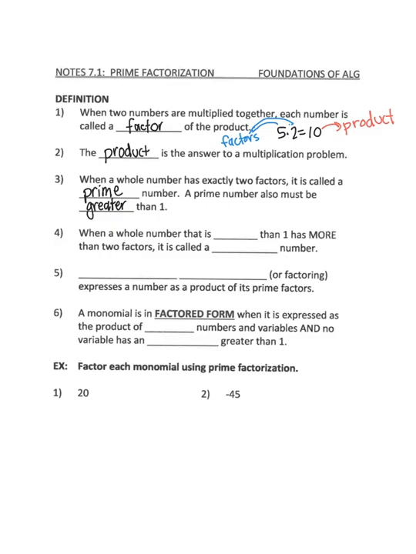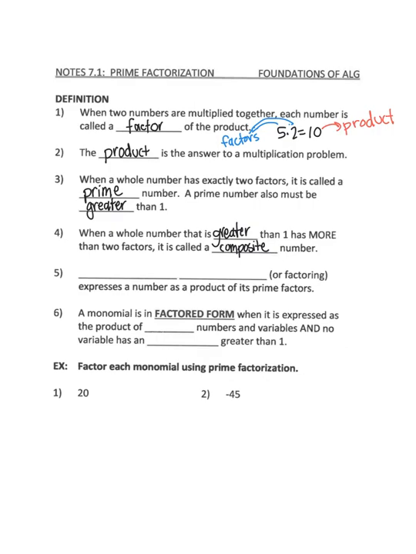When a whole number is greater than 1 and has more than two factors, it's called a composite number. So now we know what prime and factor mean.